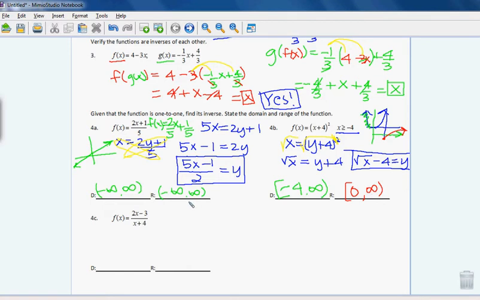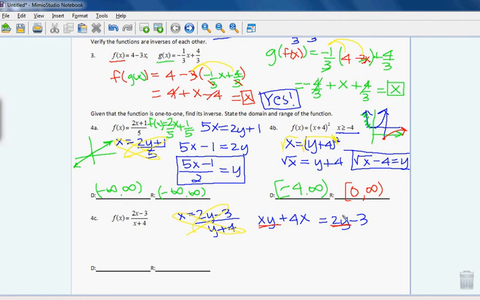All right, and then down here, one more time, we're going to change out our y and our x's. So we'll have x equals 2y minus 3 all over y plus 4. And then we want to cross multiply. So x times y plus 4 is going to turn into xy plus 4x equals 2y minus 3. And we want to get the y's on the same side, because we need y alone.